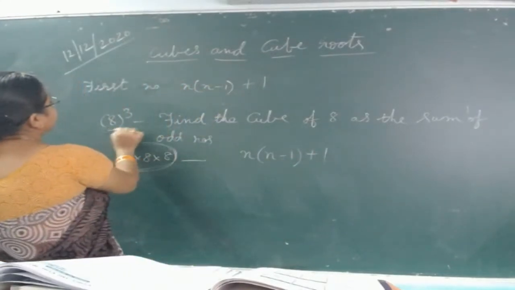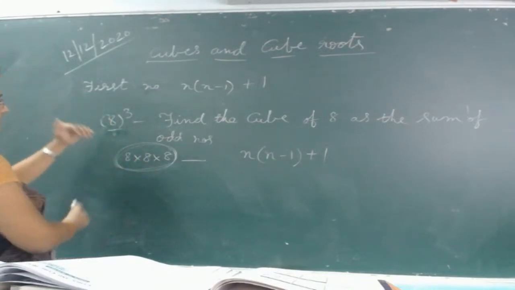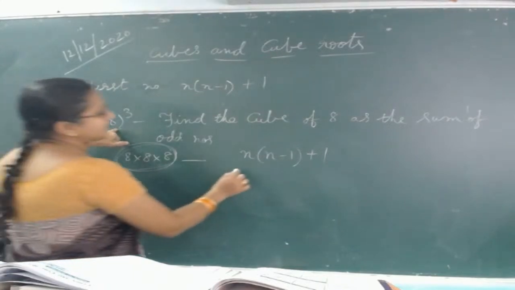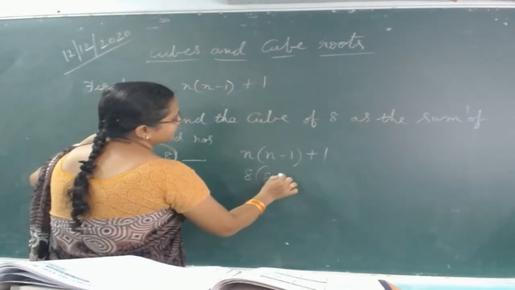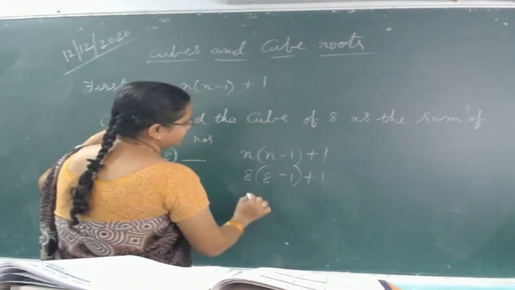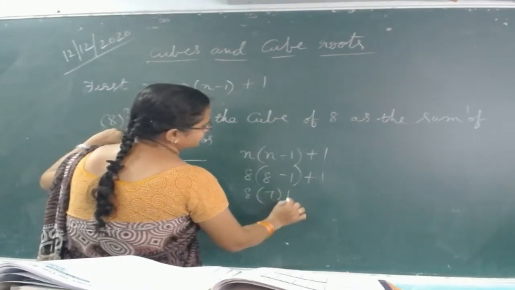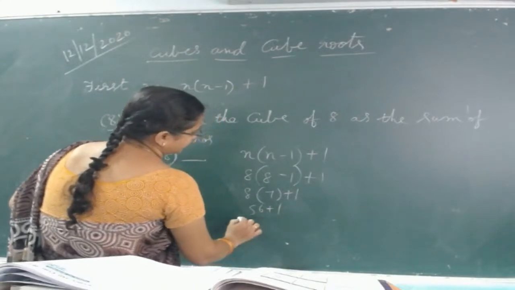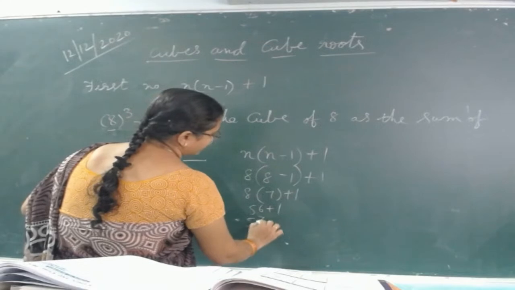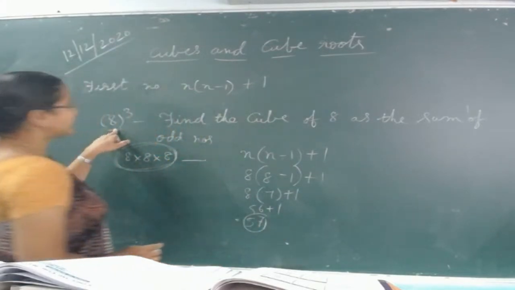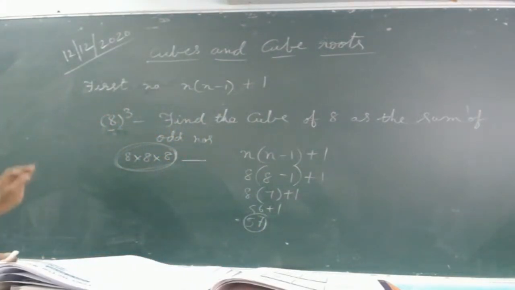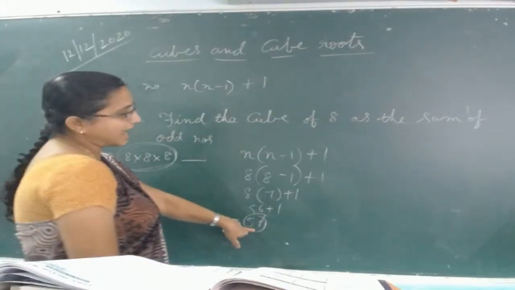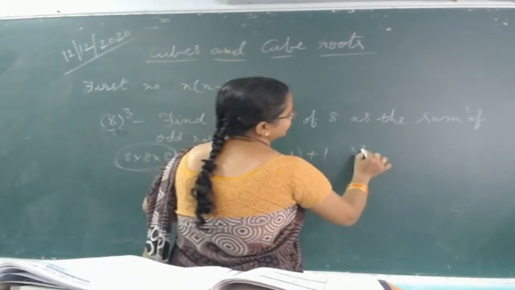Here n is equal to 8, as we have to express 8 cube. So n into n minus 1 plus 1 is 8 into 7 plus 1. 8 sevens are 56, plus 1 is 57. So the first odd number you have to take is 57.